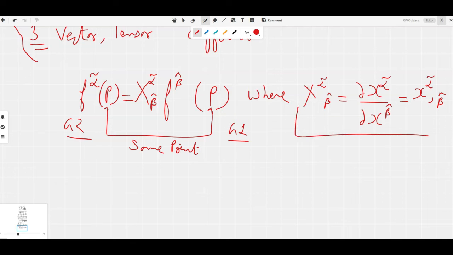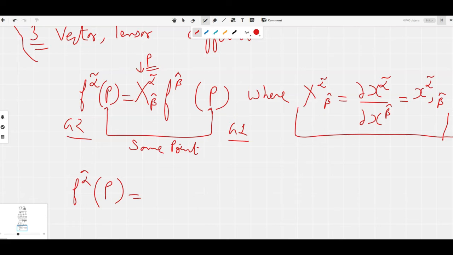So this is one transformation matrix, and if I want to write f alpha caret at point P, also note that this object is also at point P. So all the objects that we are using, f alpha tilde, the value of the vector field at point P in gauge 2, f beta caret, the value of the vector field at point P in gauge 1, and this is the transformation matrix, and this matrix is also at point P. So all these terms are evaluated at point P.